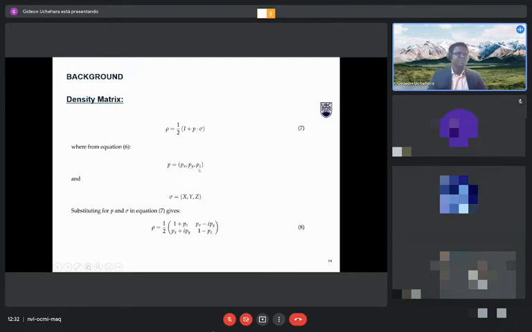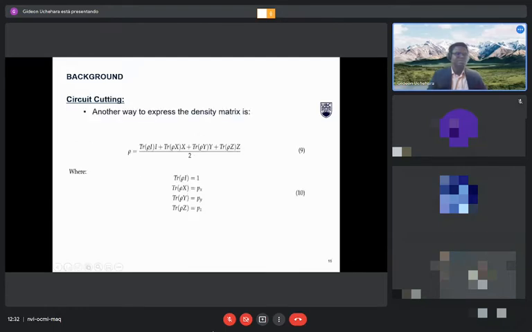If you make this substitution, we have the trace of rho and I, trace of rho and X, trace of rho and Y, and trace of rho and Z, times Z. So what this means is that this trace operation is actually the expectation values that we saw earlier.